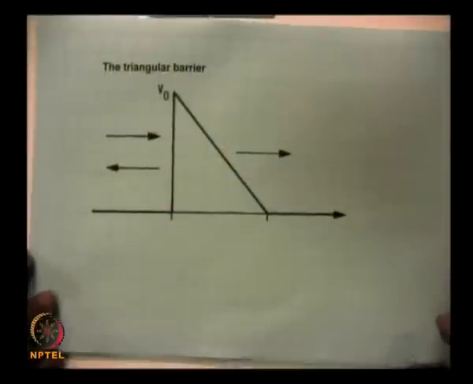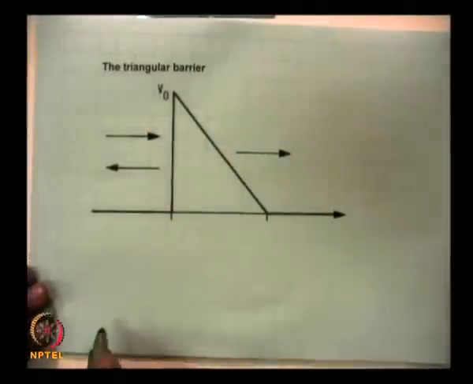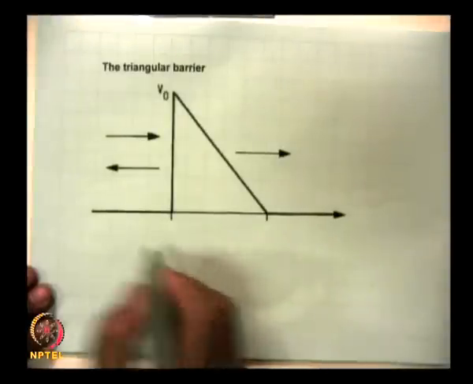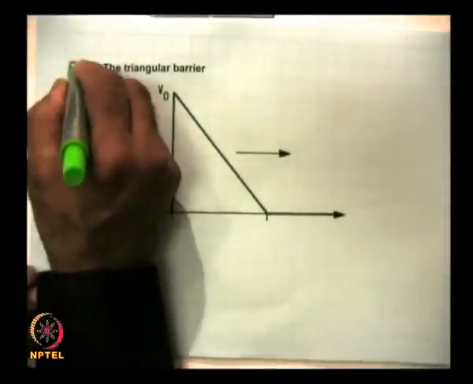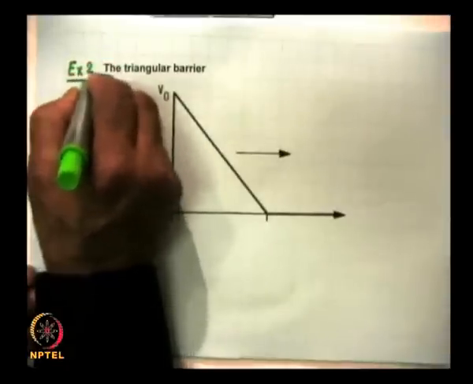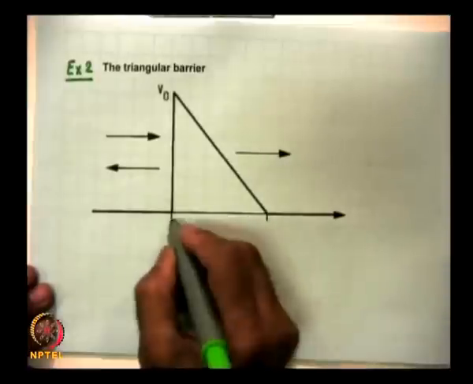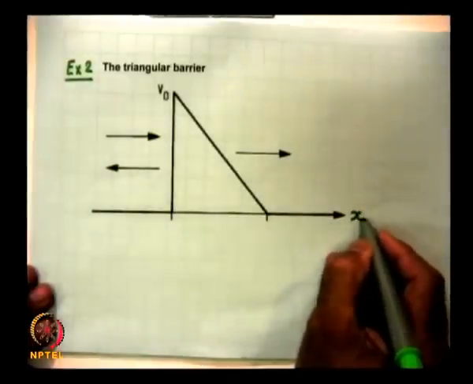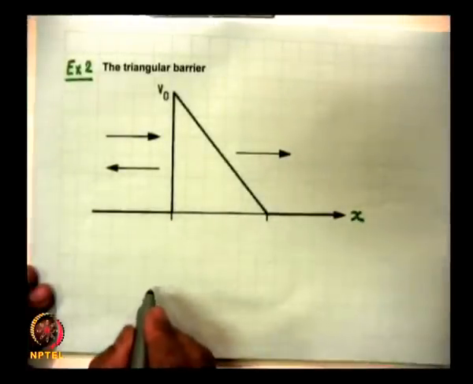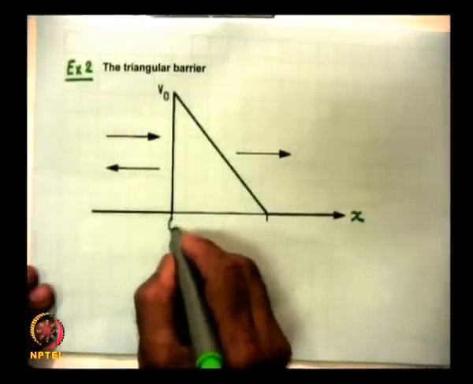Let me calculate this probability. So, we consider this case where you have what is known as a triangular barrier, just as we considered the parabolic barrier. So, let me consider example 2 as the triangular barrier. This is my x axis, and this is the potential energy variation. So, I have 0 here.